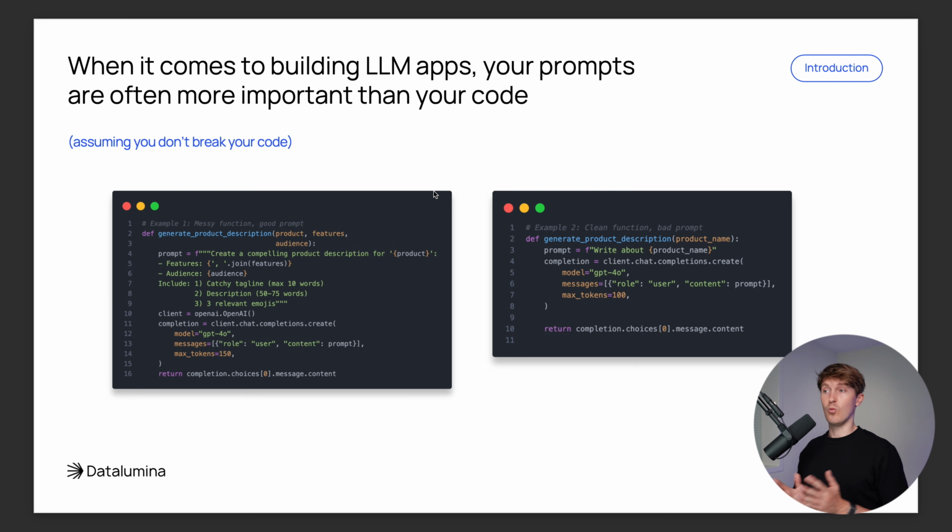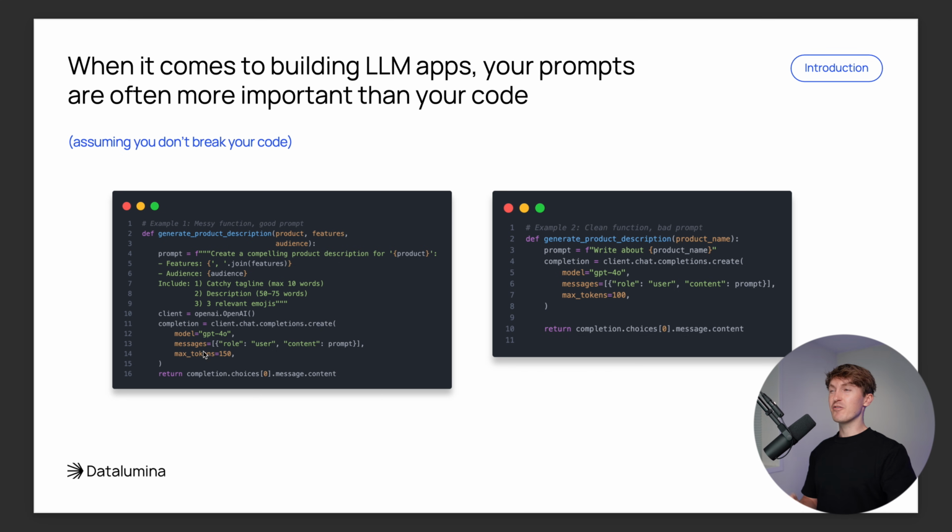Why is this important? Why am I going to create an entire presentation on this concept, and why should you watch this? Well, when it comes to building LLM apps, your prompts are often more important than your code. Let me highlight this with the following example, and also given the assumption here that you don't break your code.